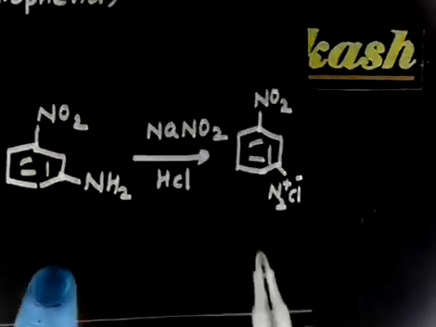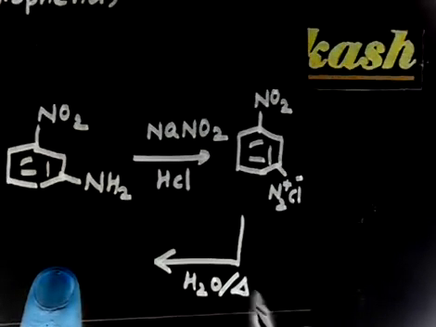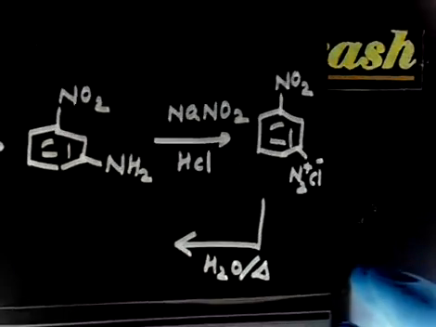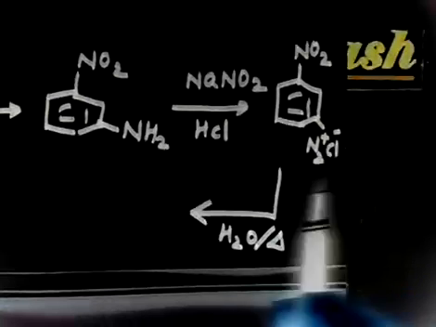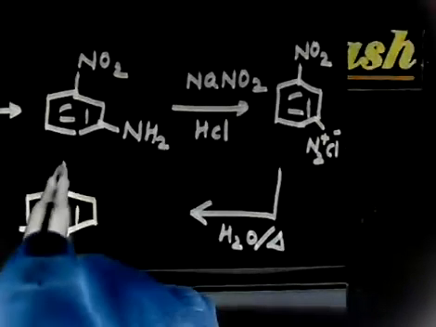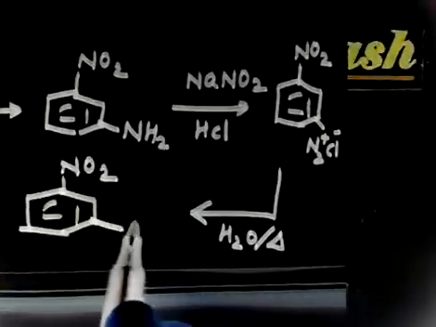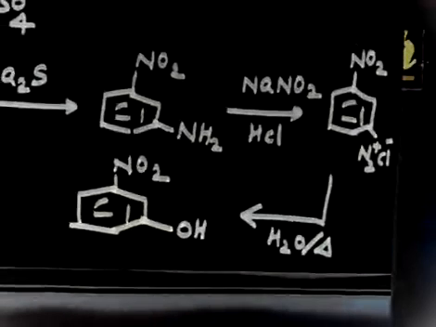And now this is treated with H2O, simply H2O, and this is done. Heating is also present in the solution mixture, some high temperature. So N2Cl will be converted to OH. So the final product will be this, OH. Are you getting? So this is a quite simple problem.